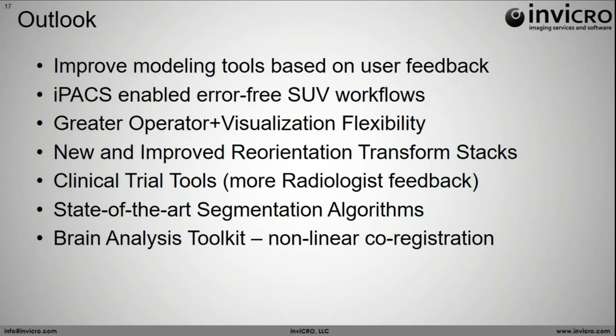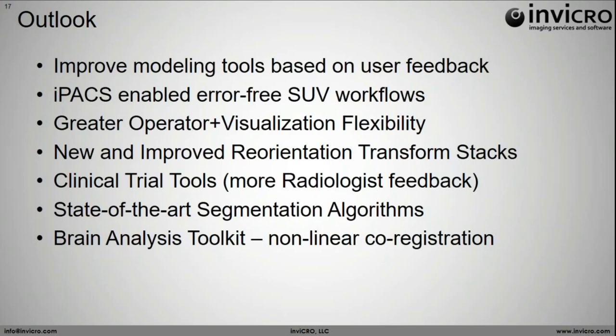We also want more visualization flexibility for operators seeing ROIs and annotations across the board, and not have them focused on particular operators. New and improved chaining, concatenation, and stacking of transforms in the reorientation tool.